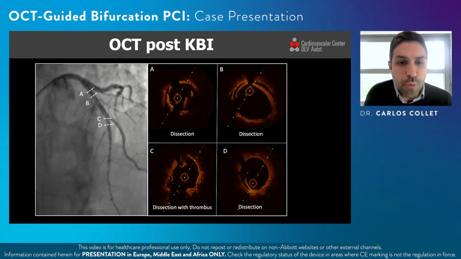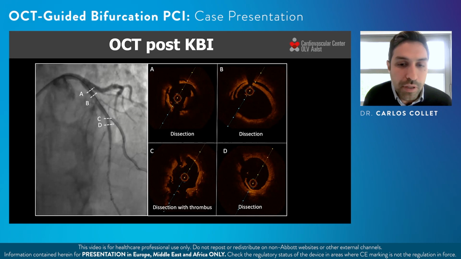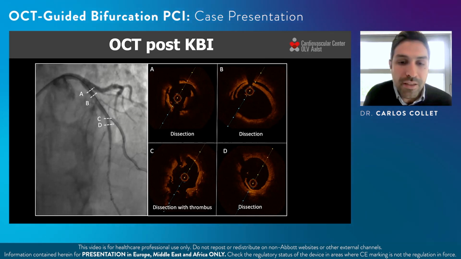If we move a little bit more proximal towards the ostium of the side branch, you will see that we have a dissection which was inside the previously implanted stent. That means a dissection in the neointimal hyperplasia with some thrombus and thrombotic appearance at this stage, and you see the ostium of the side branch at 6, 7. But in the most proximal part of the vessel in the LAD, we have a huge dissection, and you can see that in cross-section B and cross-section A.